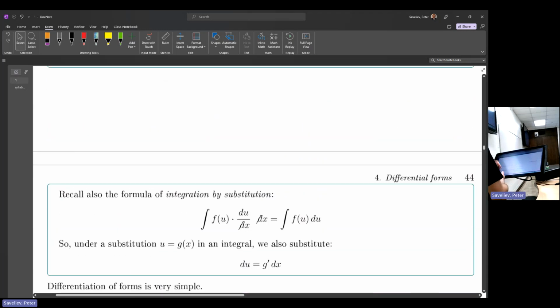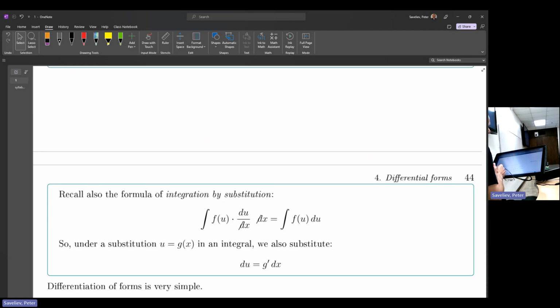Okay, so integration by substitution, we're going to do that a little bit. Remember this? If you've done any amount of integration by substitution in calculus 2, you've done this.